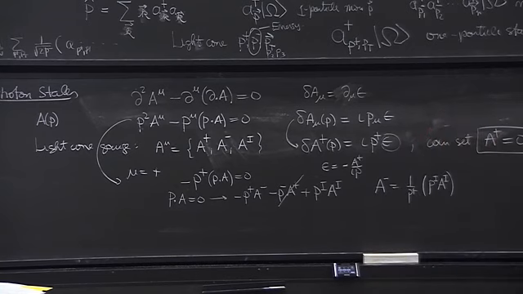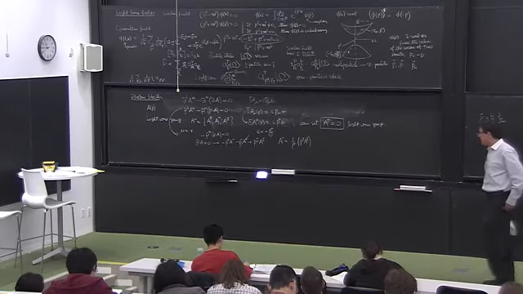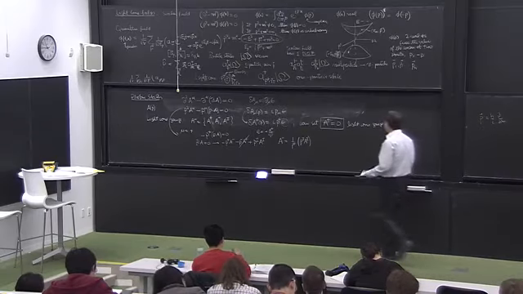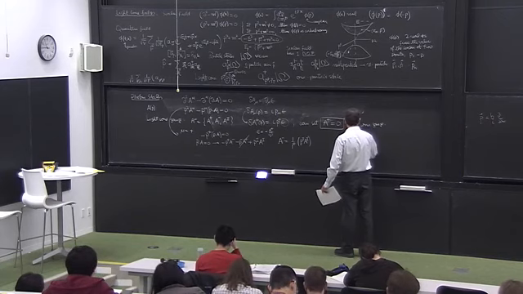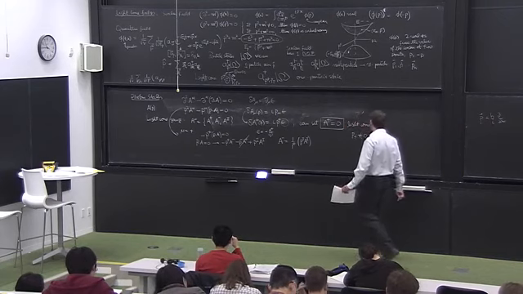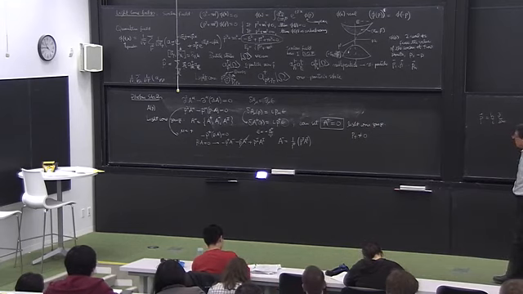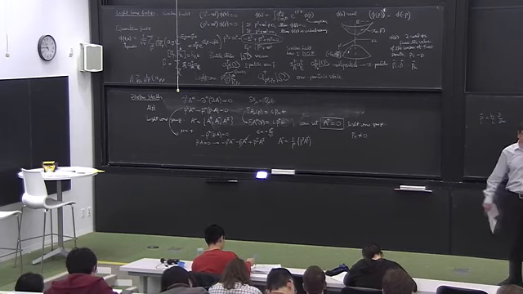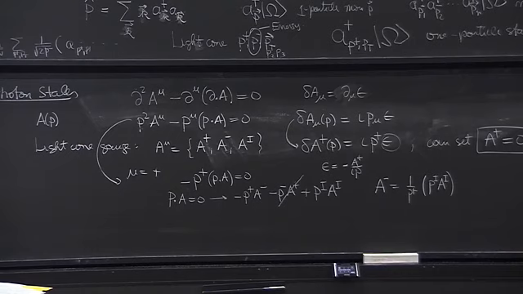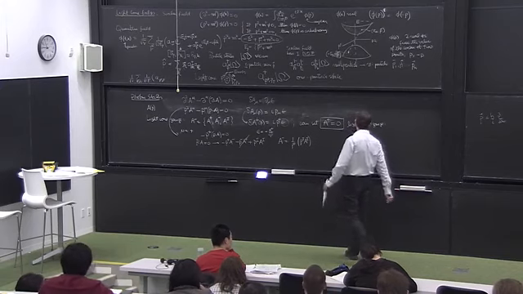Now, in light-cone, you always assume that P plus is different from 0. This is an assumption. It doesn't hold in all cases and in all circumstances. So in a sense, there's a little singularity associated with ideas in the light cone.